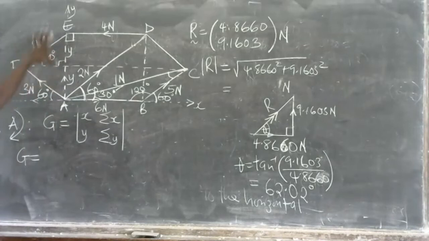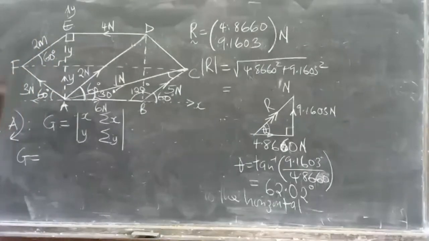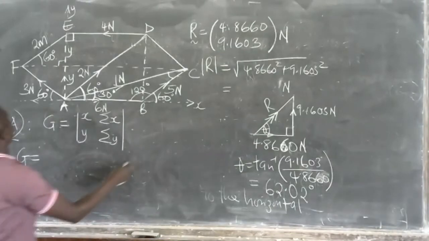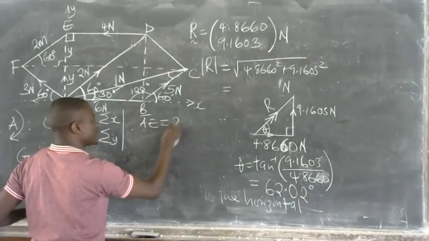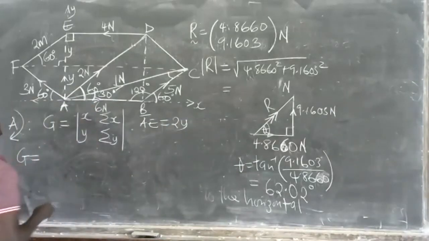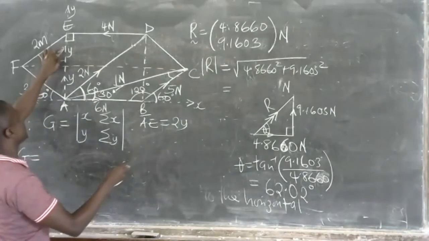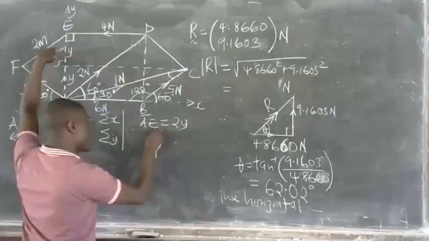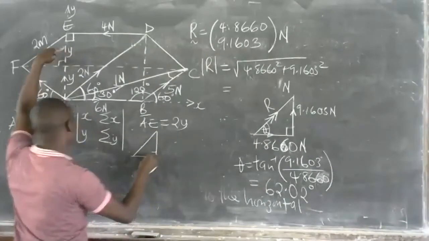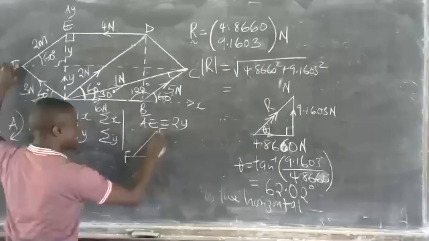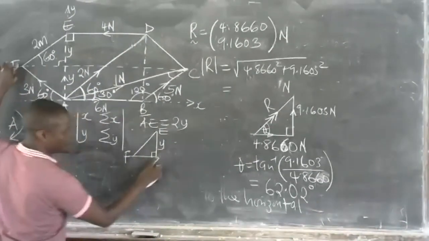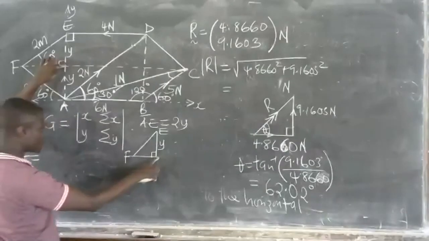So length AE is equal to 2y. I'll find 1y and times it by 2. To get y, I'll use the right angled triangle at F and E, and then y from the center here.